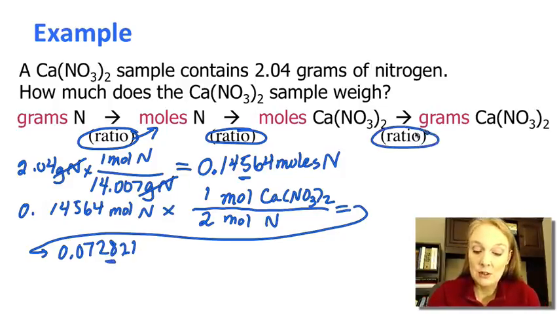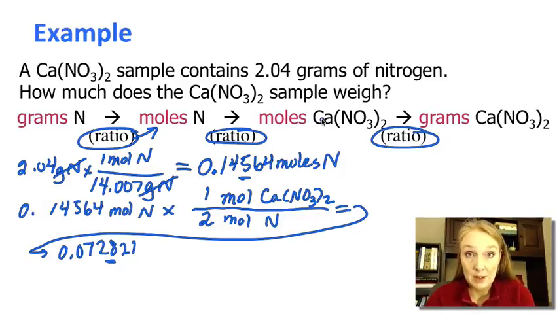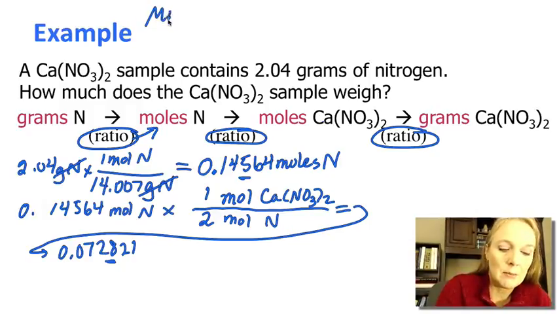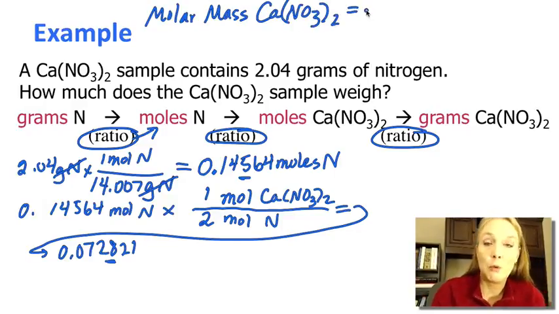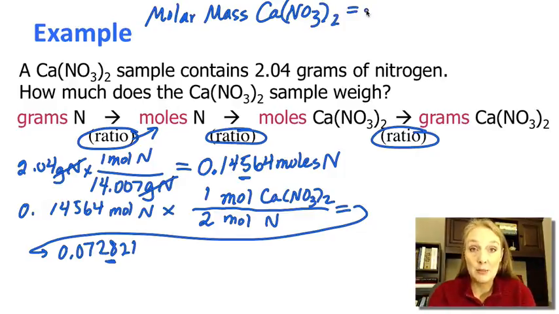Finally, I need a ratio of going from moles of calcium nitrate to grams of calcium nitrate. The ratio there would be the molar mass of calcium nitrate. So up at the top, I'll calculate the molar mass of calcium nitrate. What's that equal? Well, I have 1 calcium. I could look on the periodic table and see that that weighs 40.078 grams per mole.